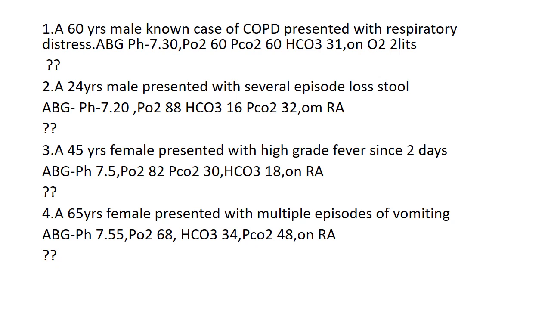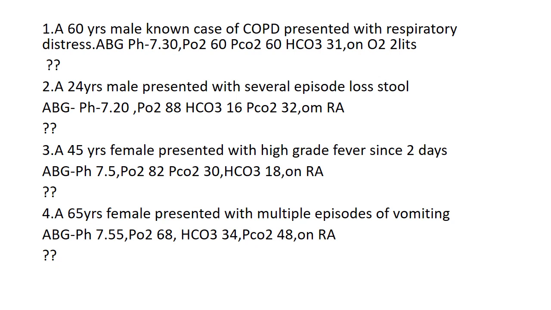But the pH is showing alkalosis. So the primary problem here is respiratory alkalosis, along with metabolic acidosis, which is compensatory, right? And then the PO2 is 82, so it is normal in room air. So the patient is not having any hypoxemia.